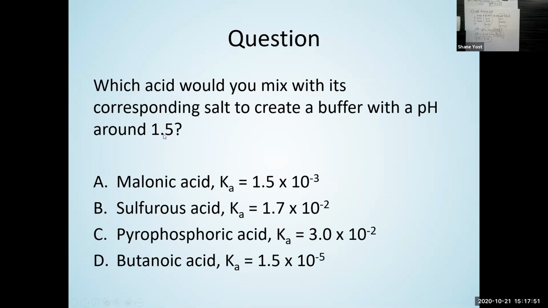And after the exam, we'll see more about these buffer solutions and how the relationship between pKa and pH and their buffer range and things like that. But the ideal weak acid conjugate base pair for a buffer solution has a pKa close to the pH you want, within plus or minus 1 pH units.